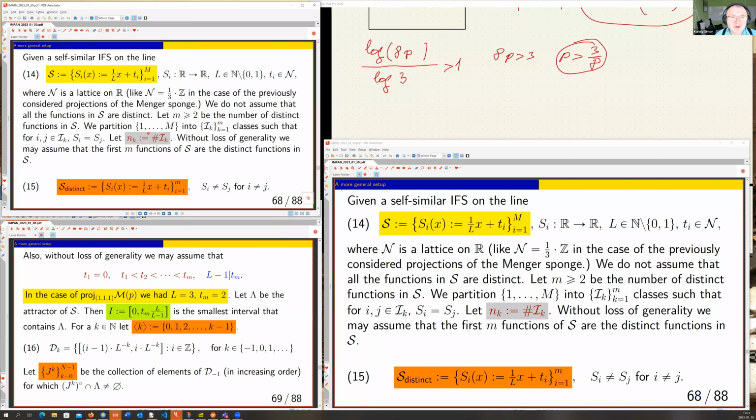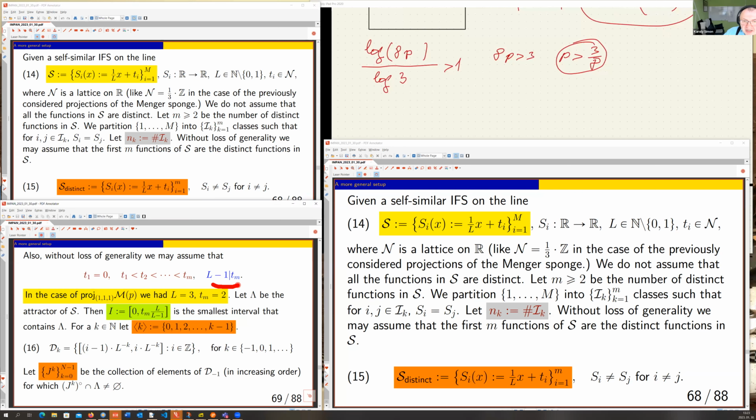So we arrange these mappings in such a way that the first little m are different, and the rest are equal to one of the first little m. And we can assume that the first translation is 0, and then these are all placed in this way.